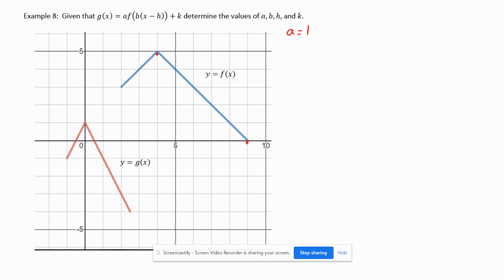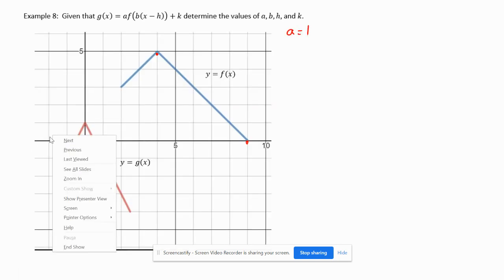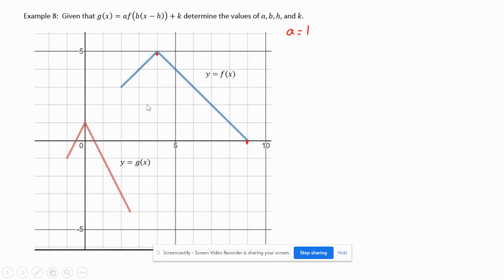So if this distance from here to here was 7, and now this distance from here to here is 3.5, I hope you can see that my horizontal stretch factor must be a half.